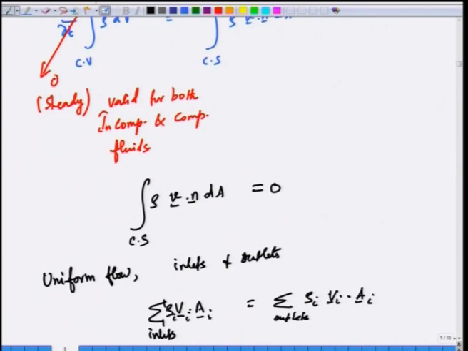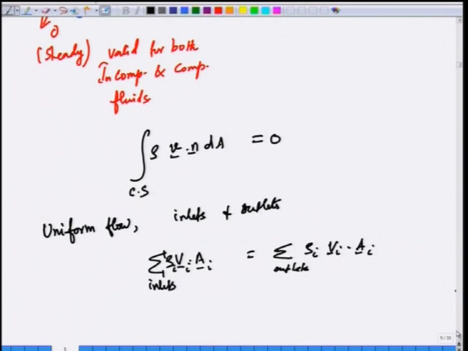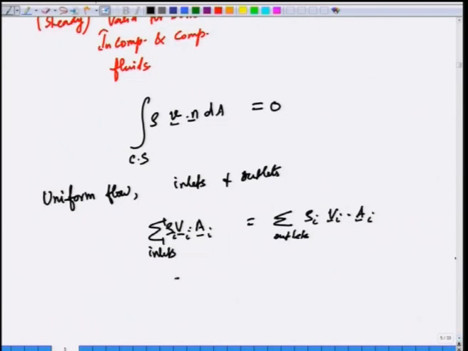This is the simplified form of mass conservation equation for steady flows. And if the flow is uniform, then v dot A will be simply the product of v and A. This is still without taking into account the sign convention for inlets and outlets.